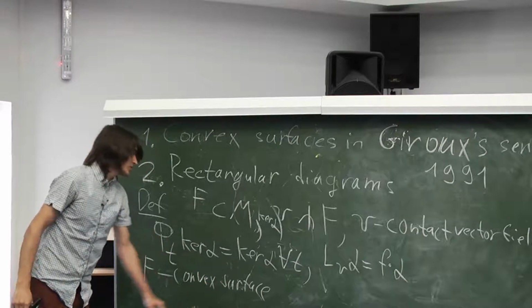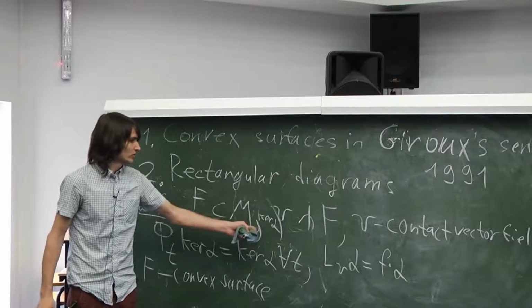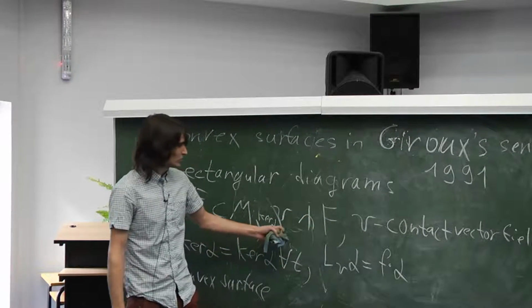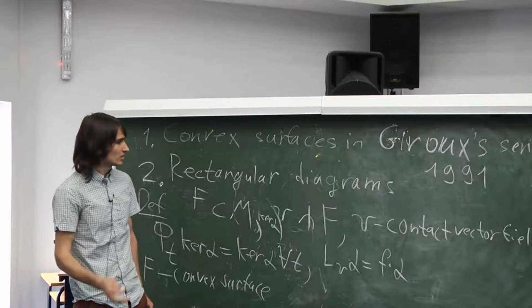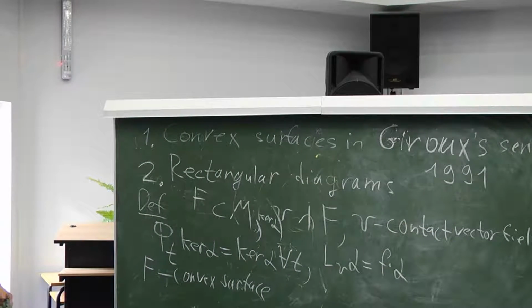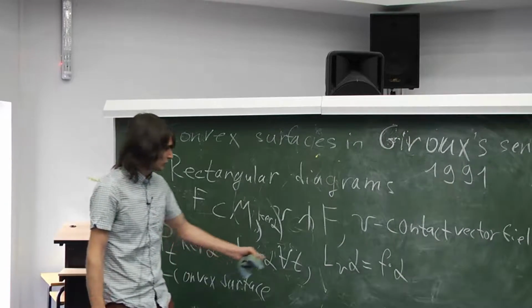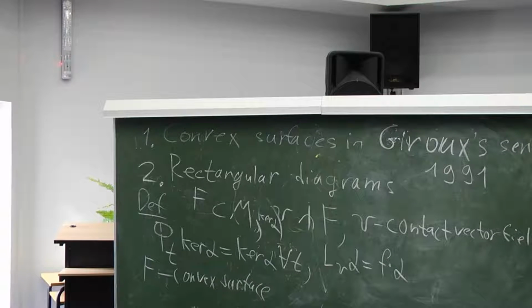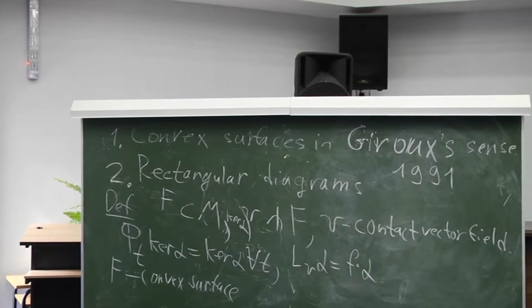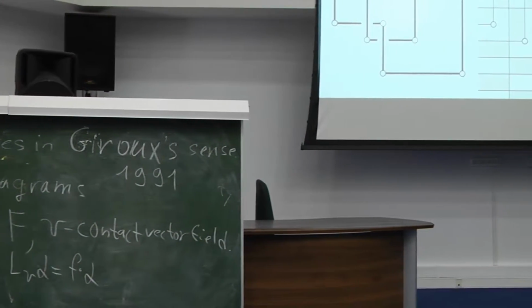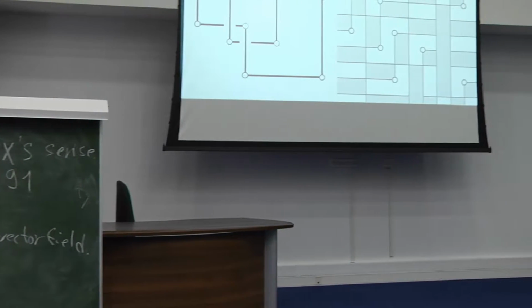F is a convex surface embedded in a contact manifold if there exists some vector field which is transverse to the surface and is a contact vector field. Its flow preserves the contact structure. Locally, every surface is convex. Let's consider some models for neighborhoods of points.